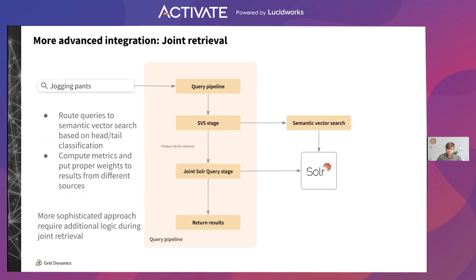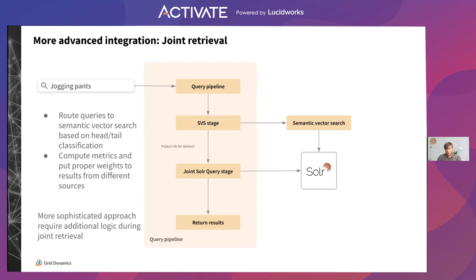The more complex use case is when we're trying to join results from the regular search and from the semantic vector search. In this case, we can have different heuristics for how we can achieve this, and we can compute metrics, compute how well we match the query. Did we understand it well? If we didn't understand it well, we can return regular search.